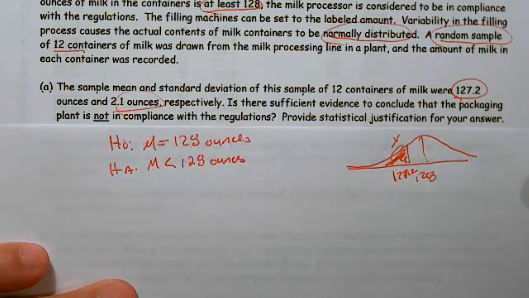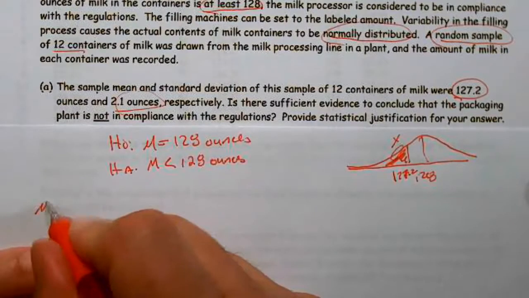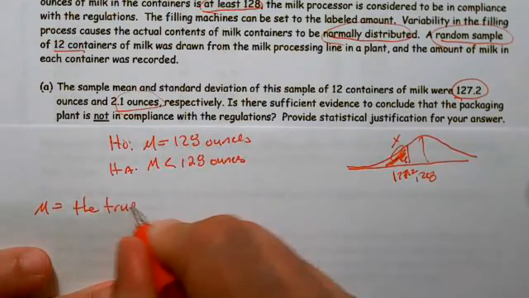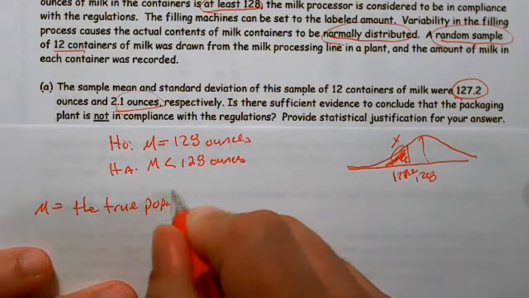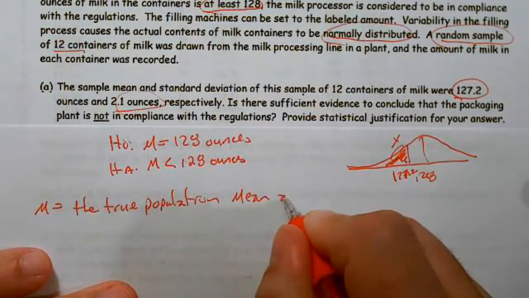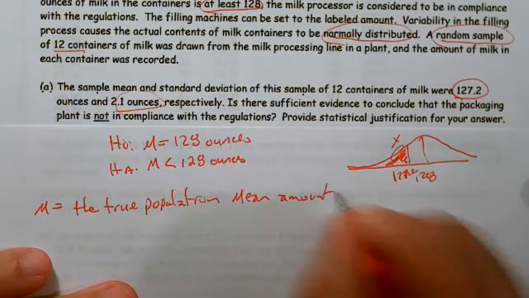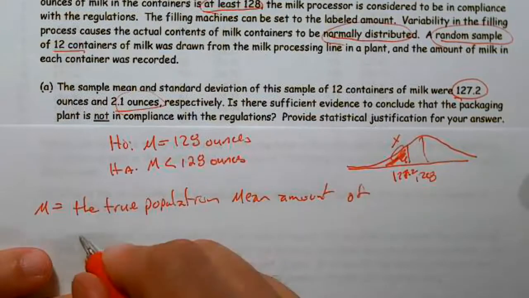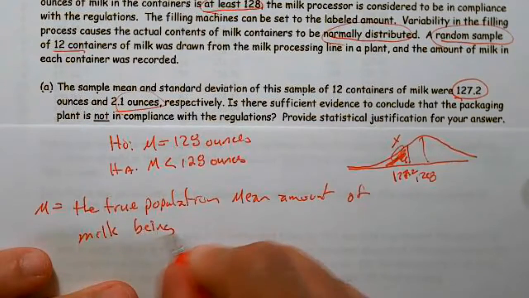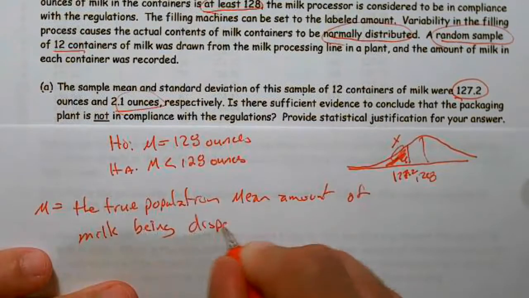All right. Need to define our mean. Mean is the true population mean amount of milk being dispensed.